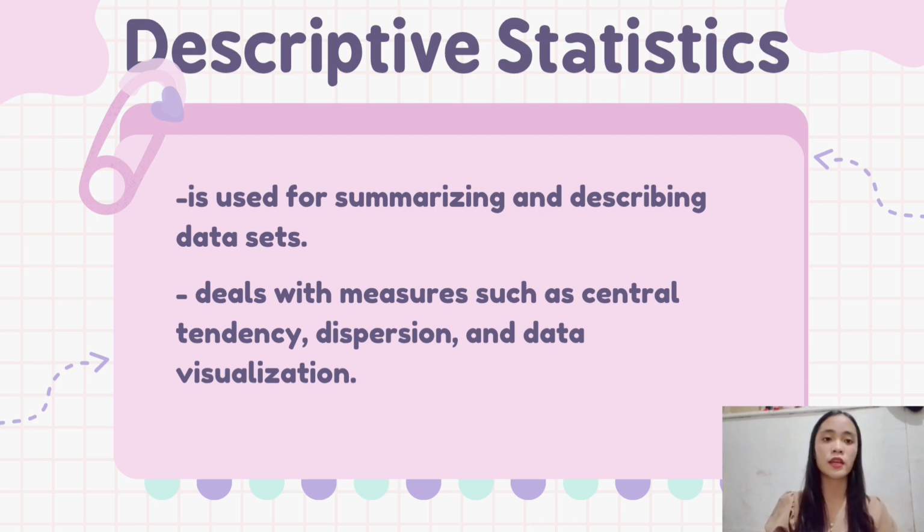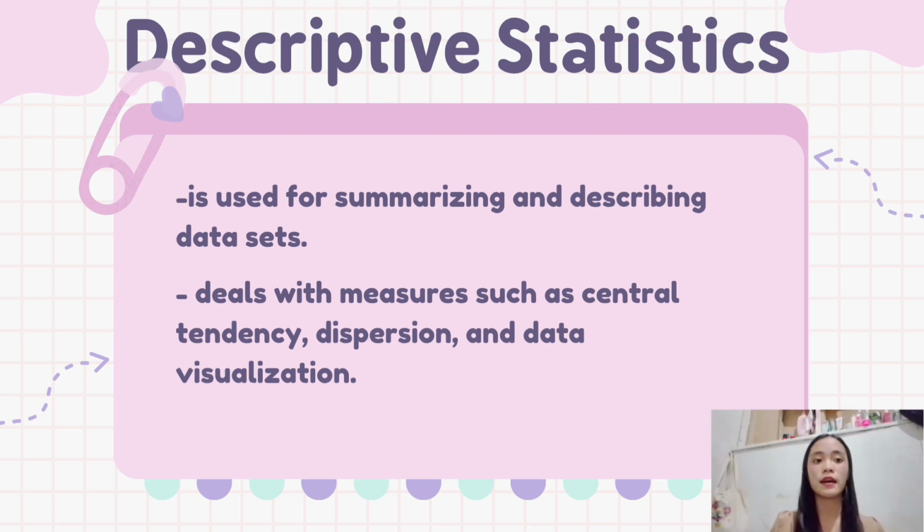The data required could be the entire population or a sample of the population. Descriptive statistics also deals with measures such as central tendency, or the mean, median, and mode, the dispersion, or the range, variance, and standard deviation, and the data visualization, or what we call the graphs, tables, and charts.